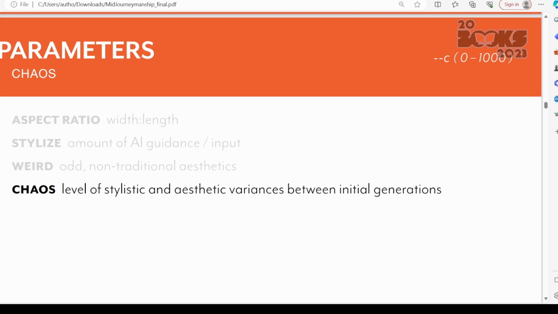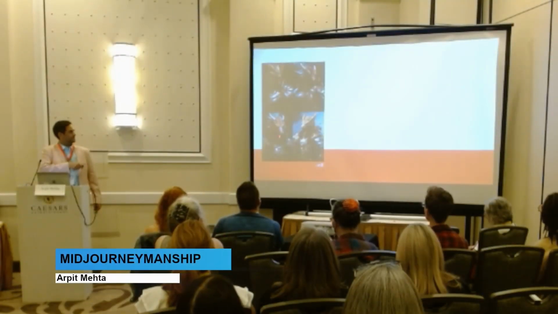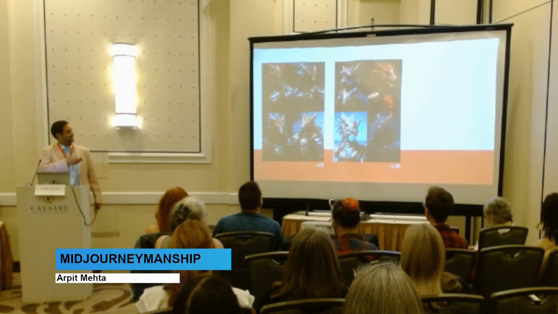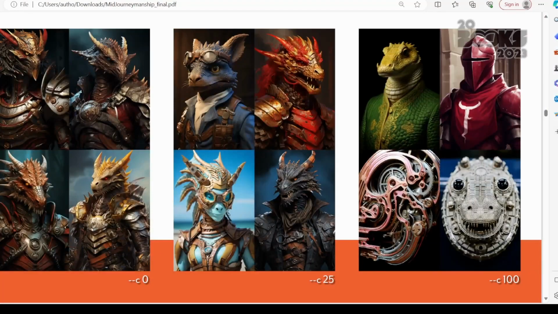Again, 0 to 1,000, 0 is the default, and at 0, there's our original dragon. Now we've got a little bit of variety. We're seeing a different background right there, and then I don't even know what that is, but you can have fun with it. And I think they got a Templar knight or something. Anyways, there we go.